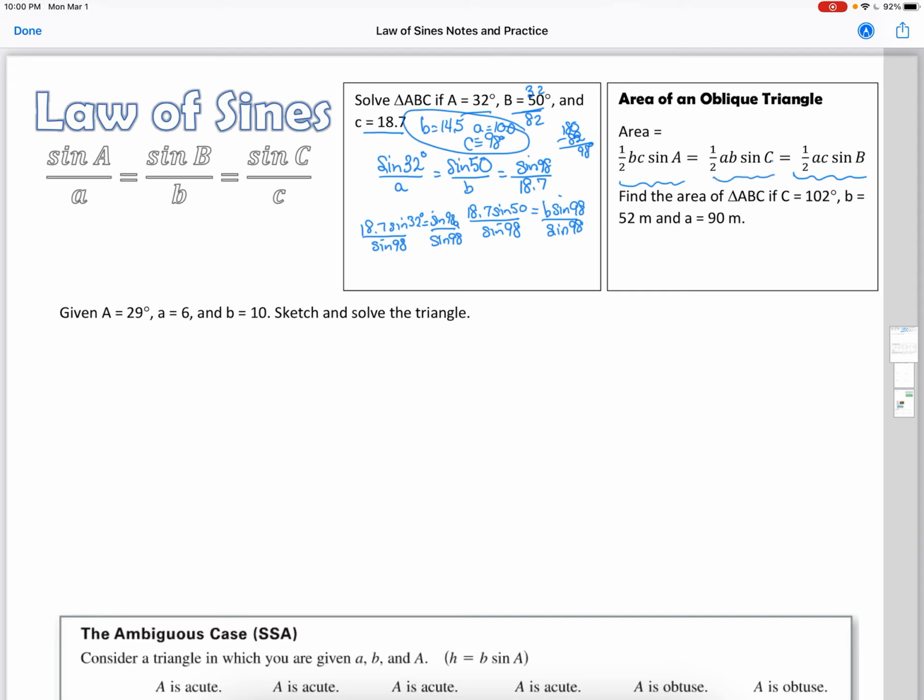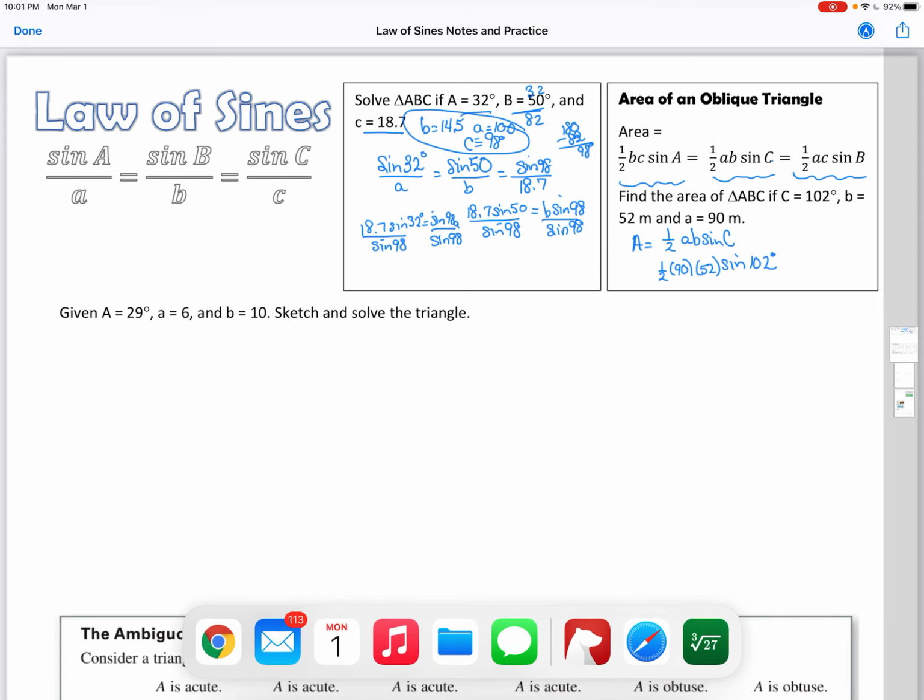So if we want to find the area of triangle ABC, and we know that angle C is 102 degrees, and we have sides B and A, we'll be using the formula area equals 1/2 AB sine angle C. So 1/2 of 90 times 52 times the sine of 102. All right, so bringing up our calculator again.